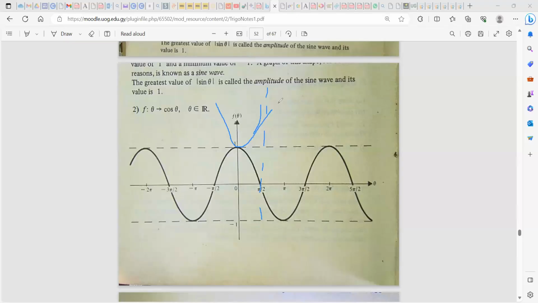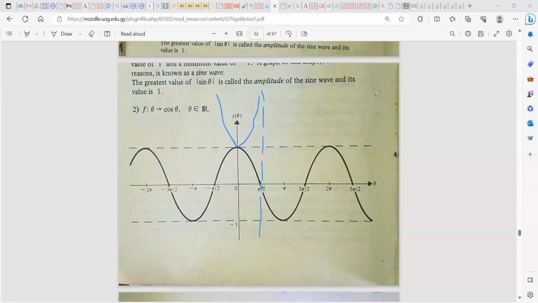From up here, it goes up. So your graph should go like this. Where there's a 0 here, there's actually an asymptote there, coming down and so on.